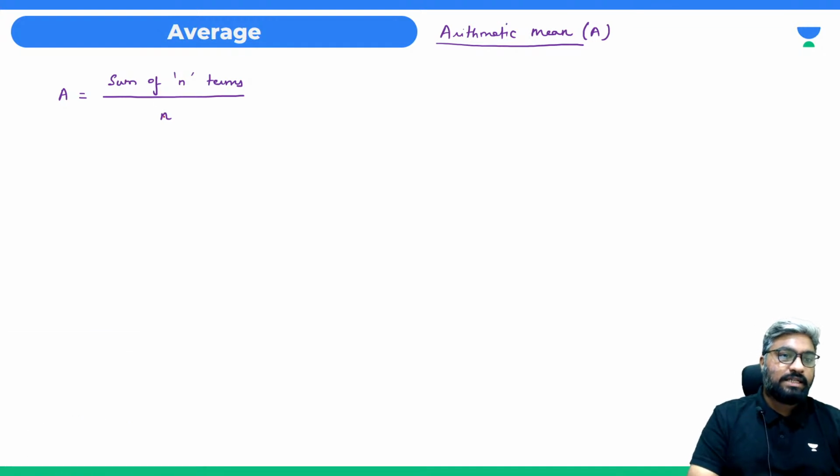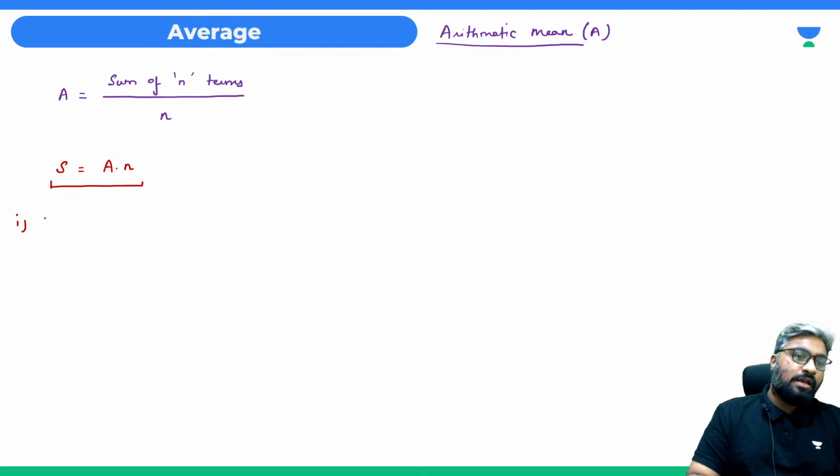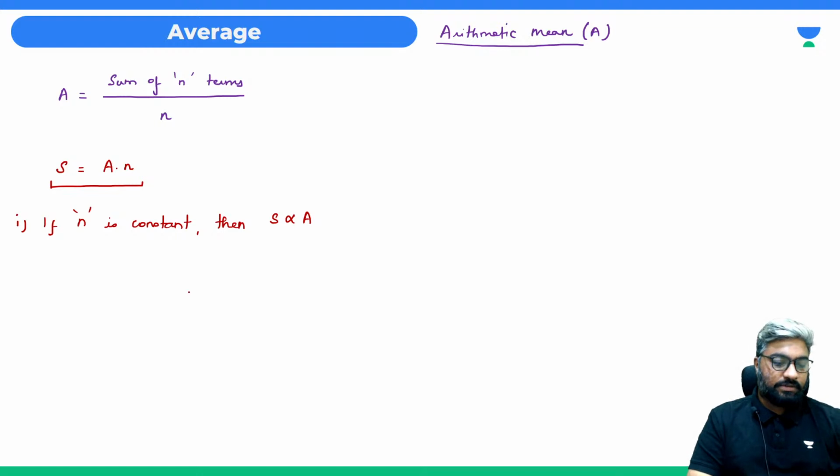Here what you need to understand is, if I say that the sum of n terms S is equal to average into the number of terms, then point 1, if the number of terms is constant, then the sum of the terms and the average are directly proportional.